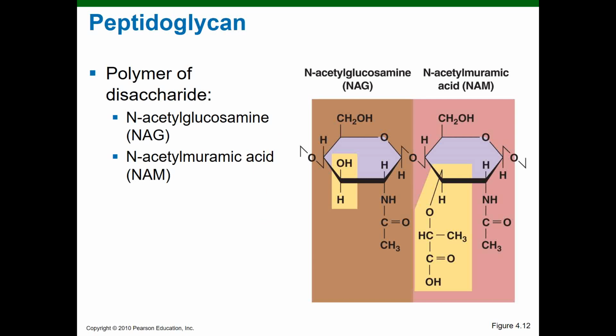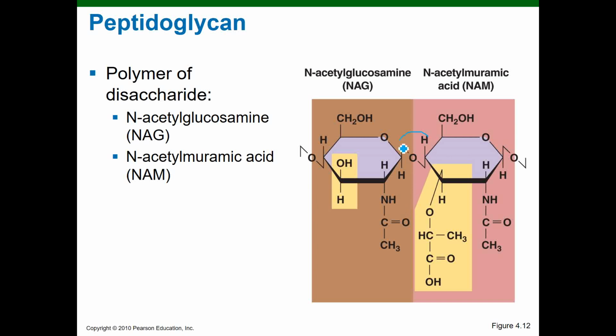Okay, so here is the molecular structure of peptidoglycan. It's a polymer of repeating disaccharide of NAG and NAM units. You don't need to know what NAG and NAM stand for, but just in case you're curious, NAG stands for N-acetylglucosamine, and NAM stands for N-acetylmuramic acid. So it's repeating combinations of these disaccharides that form the basis of our peptidoglycan cell wall.